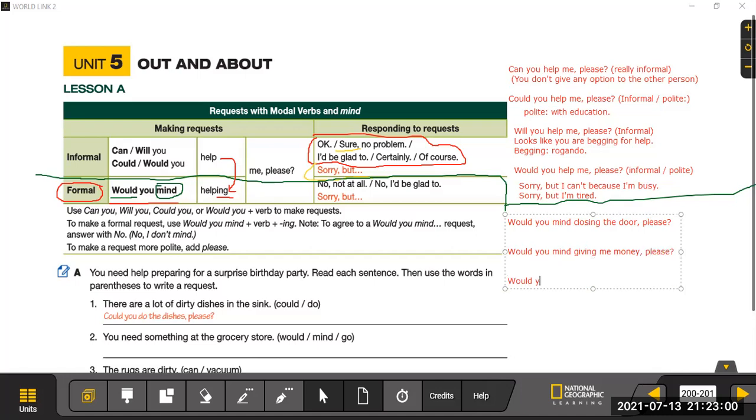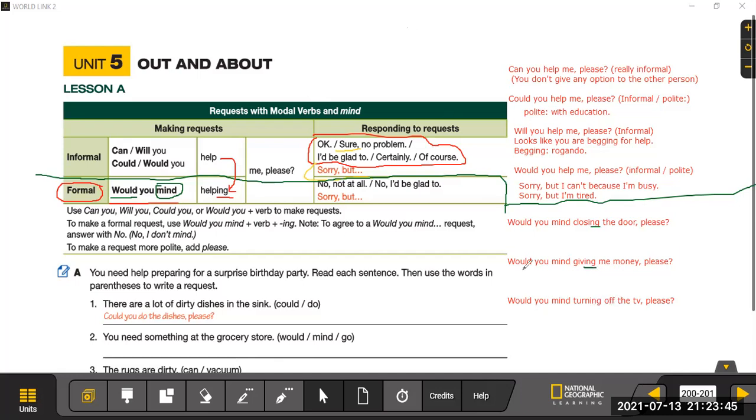Another, would you mind turning off the TV? Always with please. So as you see here, when I use would you mind, always the verb is with ing. Would you mind closing the door? Would you mind giving me money, please? Would you mind turning off the TV? Always with ing.